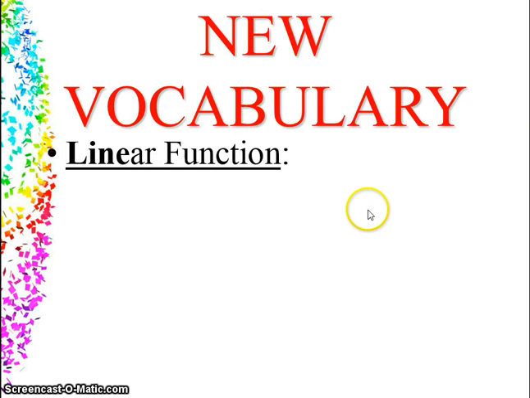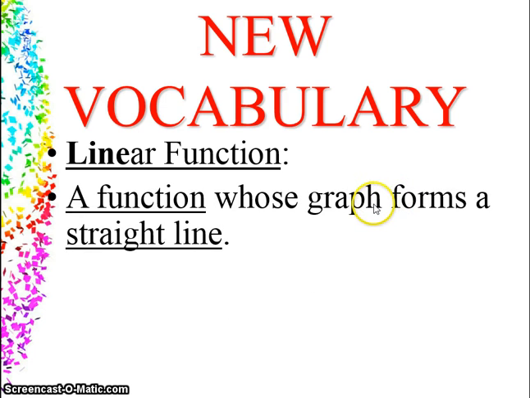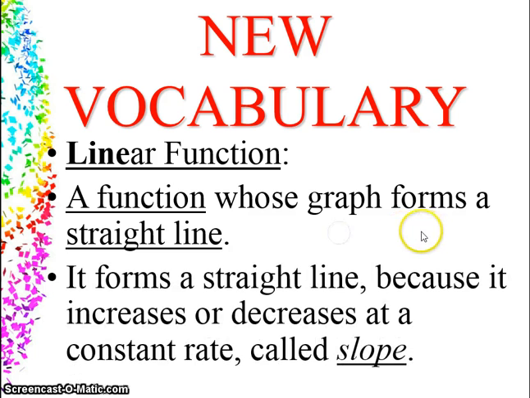So our new vocabulary word today is linear function, and you can see right there in the word line. A linear function is a function whose graph forms a straight line. So just because it's a straight line doesn't mean it's a linear function. It has to be a function as well. So it is a function whose graph forms a straight line.